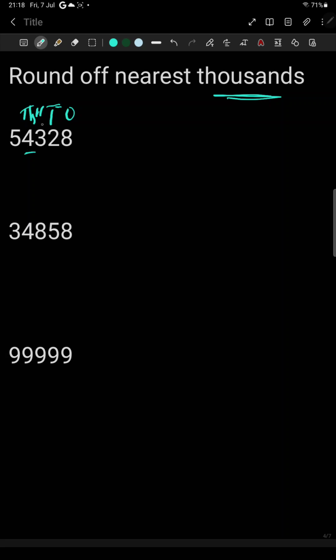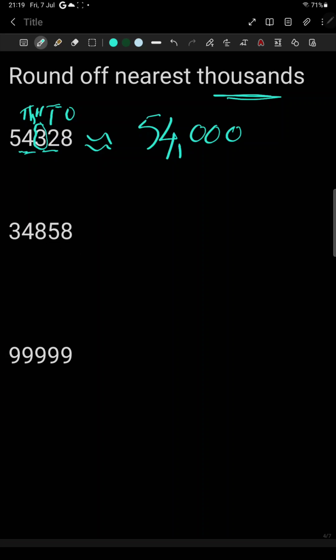So we will check the number on the right hand side, which is 3. So we will write these 3 numbers as zeros. The number at the thousand place will not change, it will stay the same, because over here 3 is less than 5, so it will remain 4 and it will be 54,000.